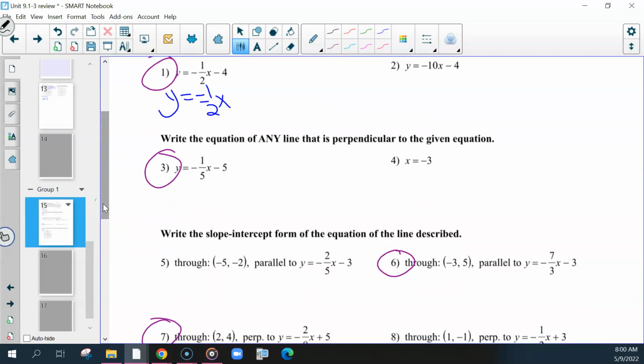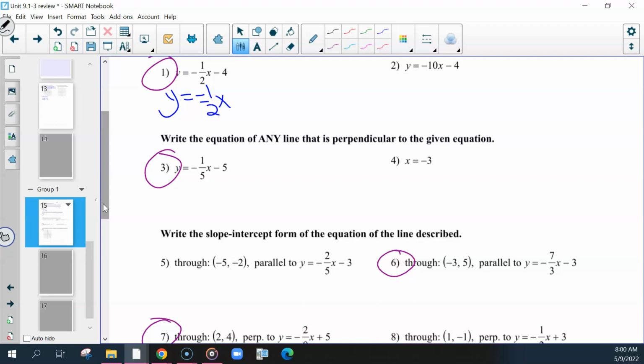For number 3, if we were to write a line that's perpendicular, what would that slope be? The opposite. Which would be what? Positive 5.